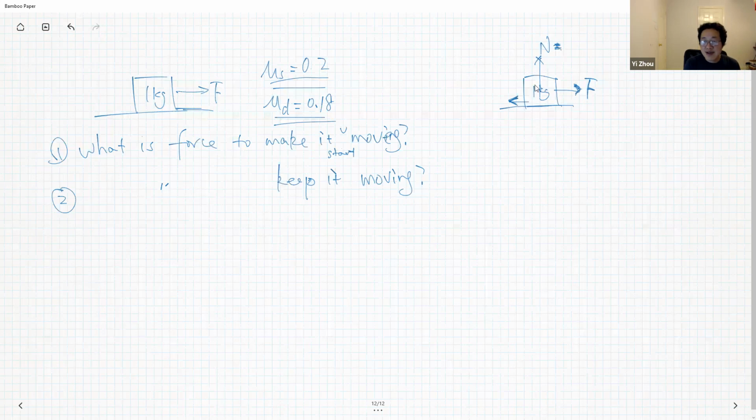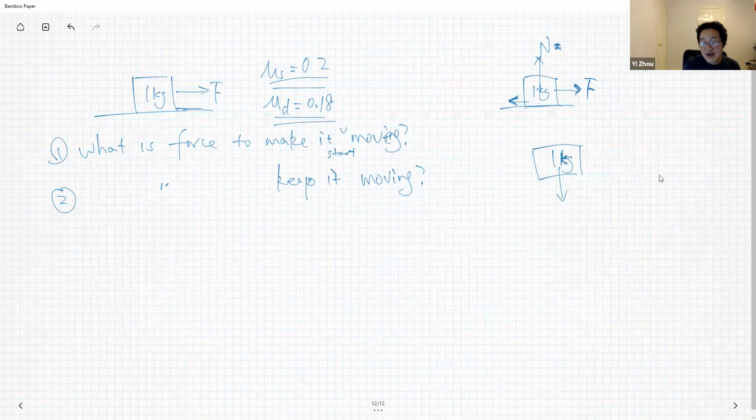How about for a 1 kilogram box, what is the gravity acting on it? So you don't know how to find the gravity when you have a mass, right?